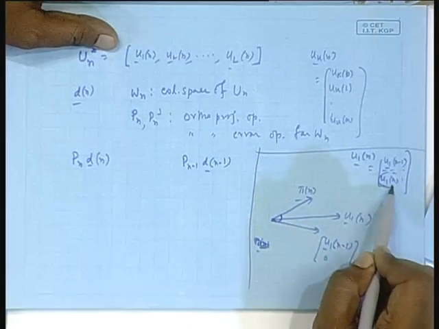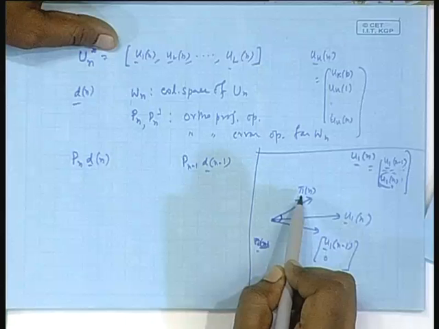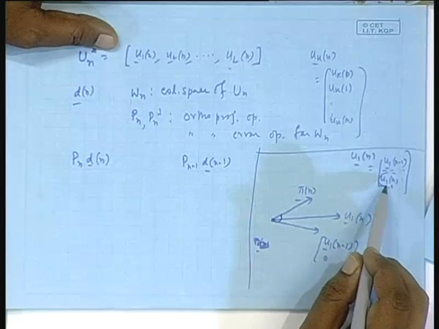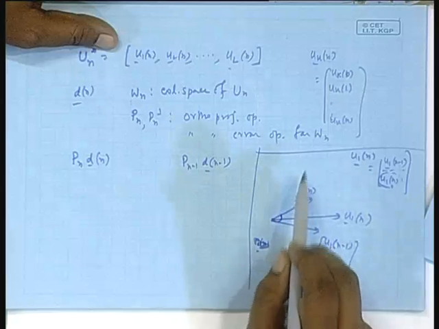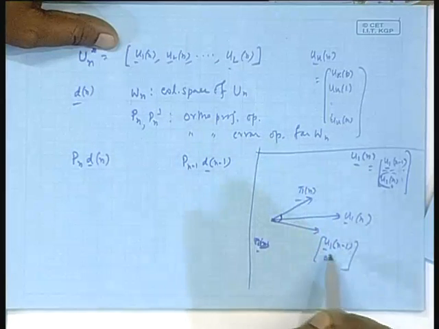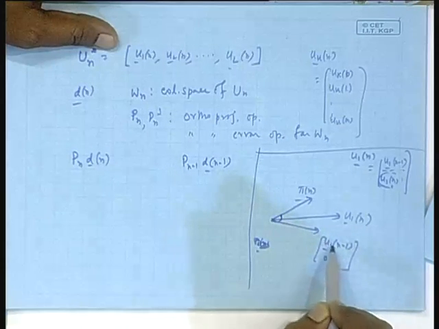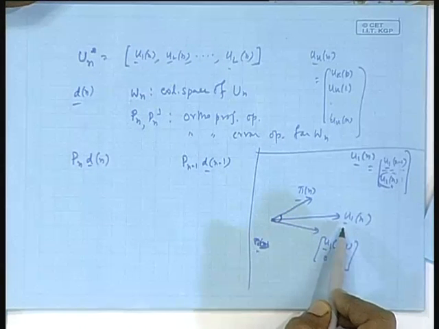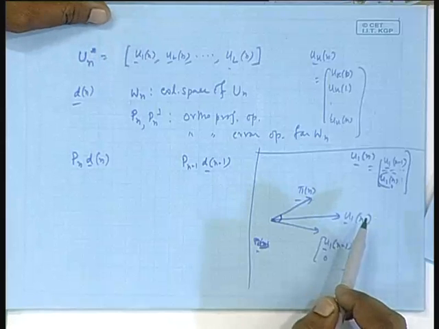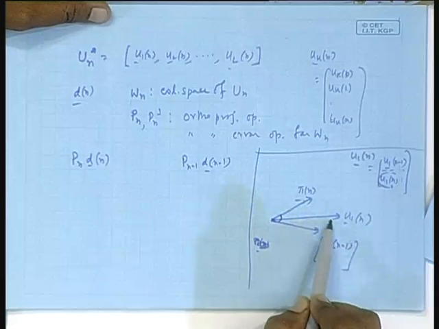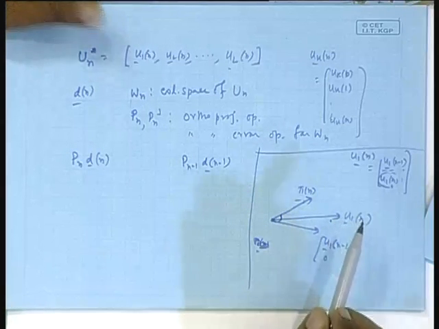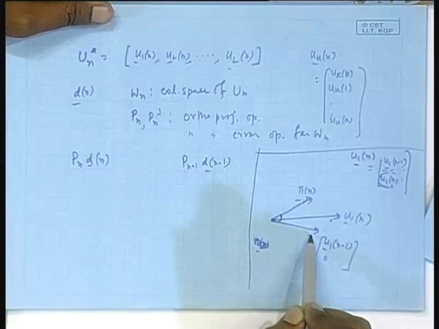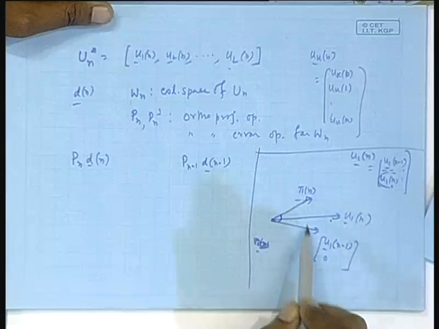If I multiply pi n by that, the bottommost entry of pi n will be u 1 n, all other entries of pi n will be zeros, and here I leave it as it is, last entry 0, other entries as they are, and adding those two, you get this. That means the space spanned by pi n and this vector is a subspace of the space spanned by pi n and u 1 n, because this is a linear combination of these two.